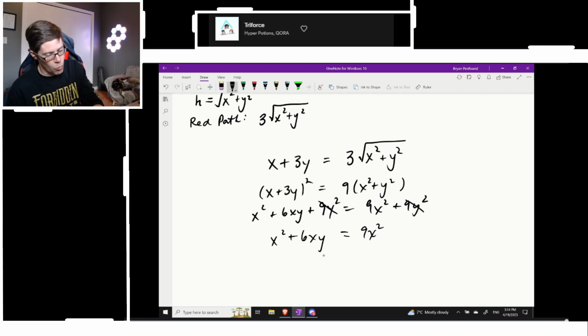And if we did want to solve this, we could probably get a relationship between x and y, right? So if we subtracted that x squared, we subtracted this 6xy, and we factor out some stuff. So I guess let's divide by 2 first.